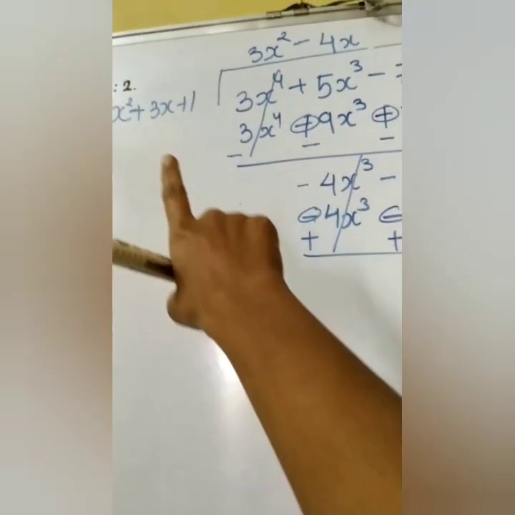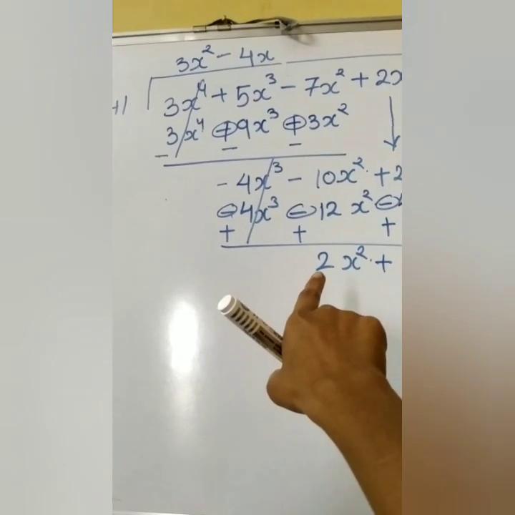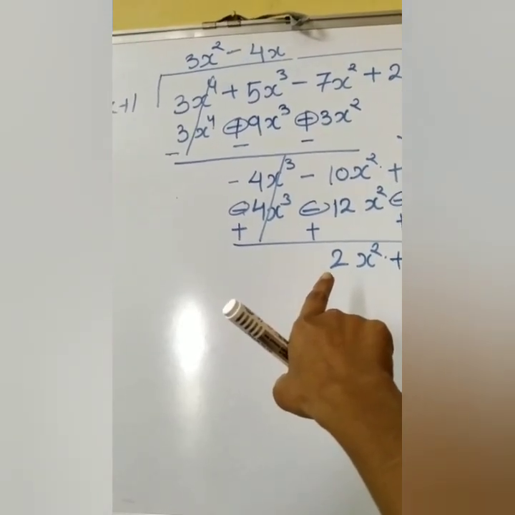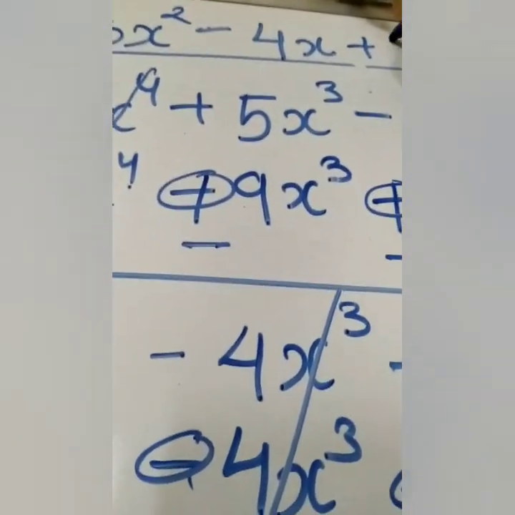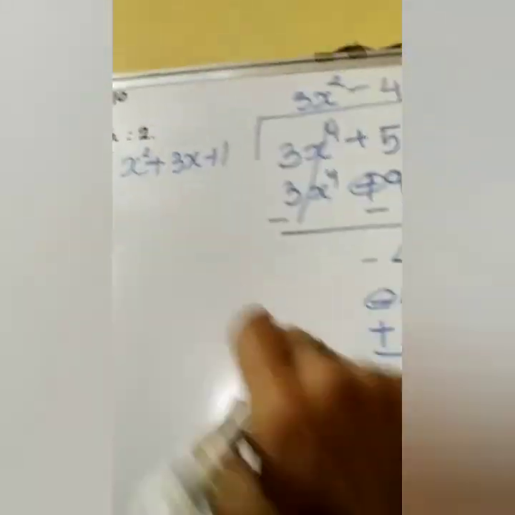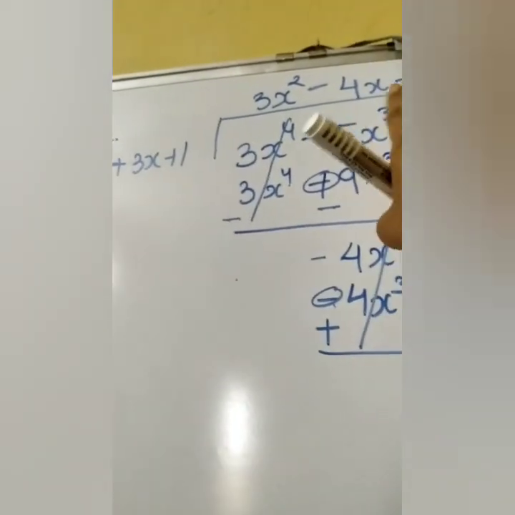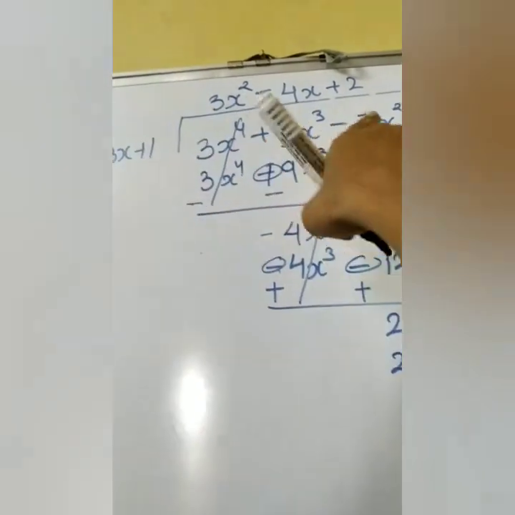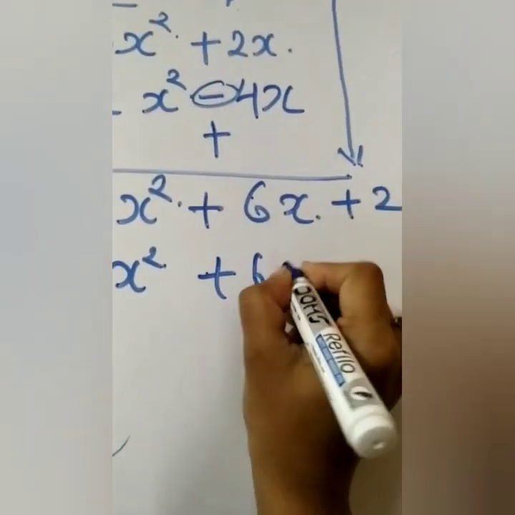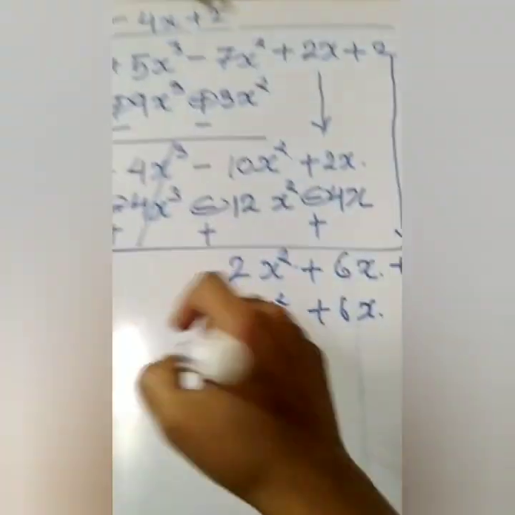Here we have x square and here we want 2x square, so we will simplify by simply multiplying it with 2, so we will write here plus 2. 2 1s are 2x square. That is plus 2, plus plus plus 3 2s are 6x and that is plus plus plus 2 1s are 2.